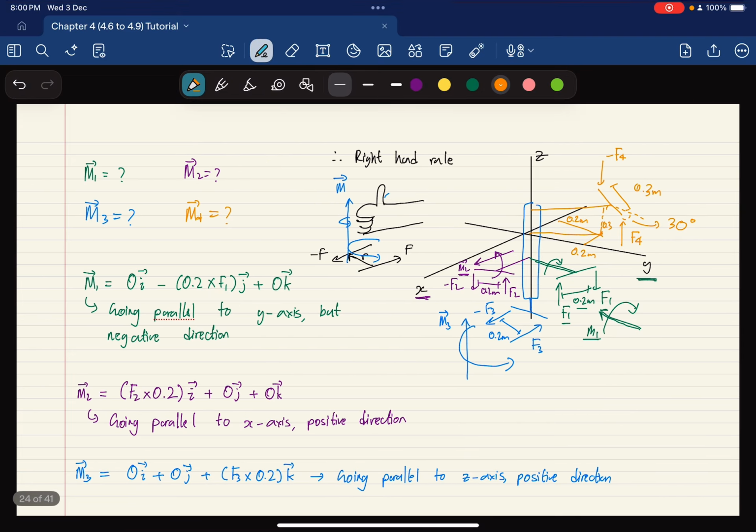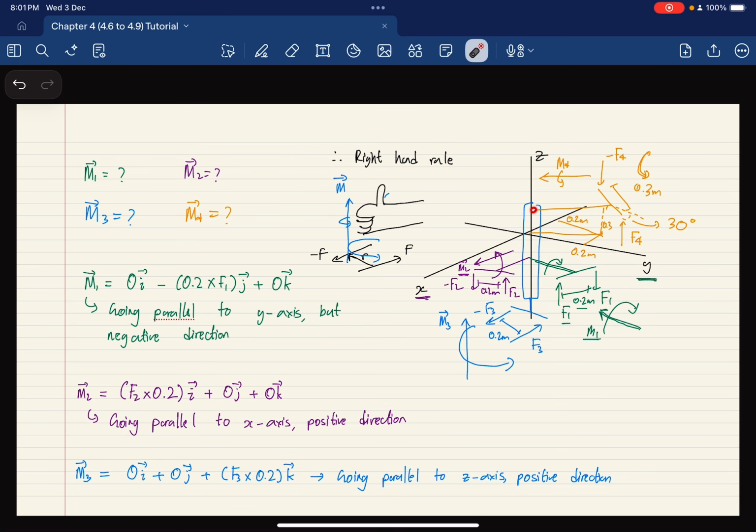M4 is rotating in this direction, the couple moment vector, and the vector is going along this line. The M4 vector is not going along any axis, it's following a line right here. This line has to be resolved into its x and y components. Let me go to the next page and show you what I mean by that.